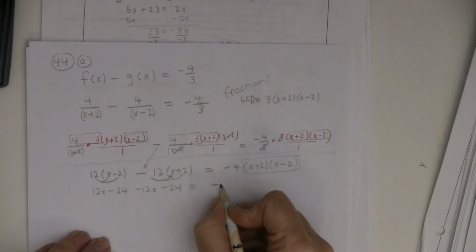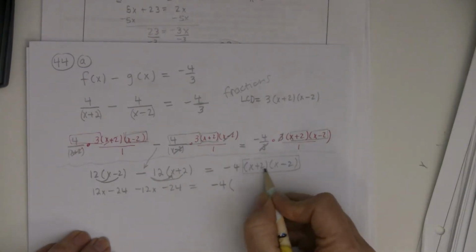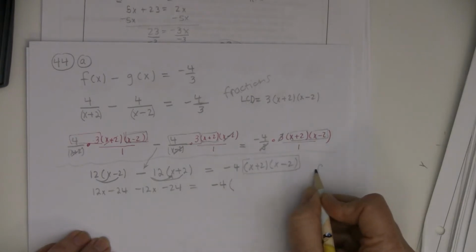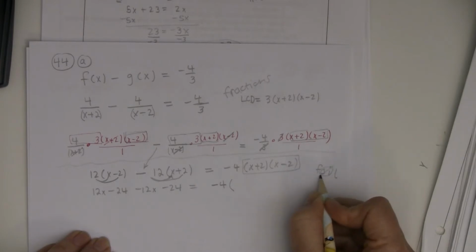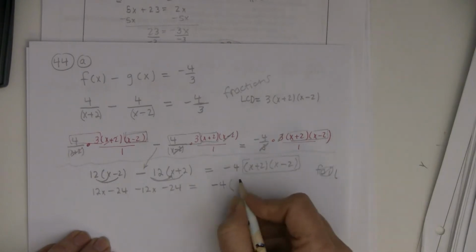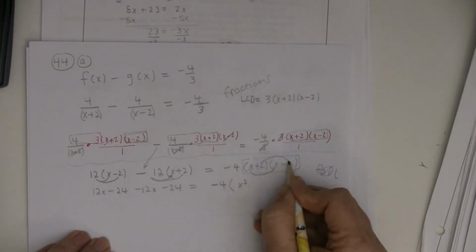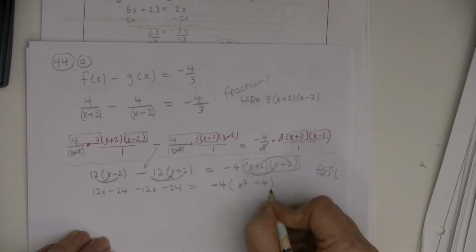So I'm going to have minus 4, and I'm going to multiply this together. Now I know when I FOIL it, the outer and the inner are going to make 0. So I'm just going to be lazy and multiply the first and the last. So this is going to give me x squared, and this is going to give me minus 4.